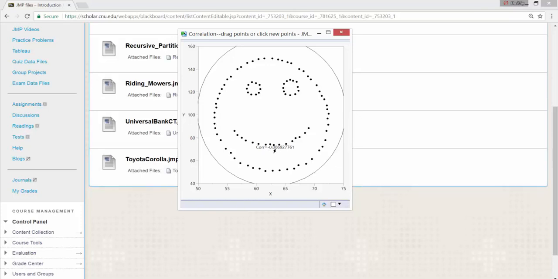What is it? Pretty much 0, right? A zero coefficient of correlation will tell you that x and y are not linearly related. In other words, if x goes up, I can't really say what happens to y. It does not yield any kind of meaningful relationship.